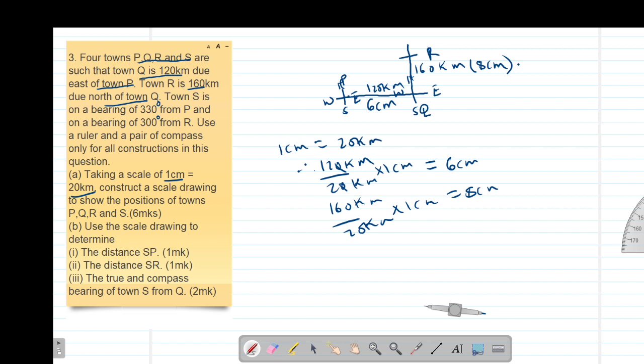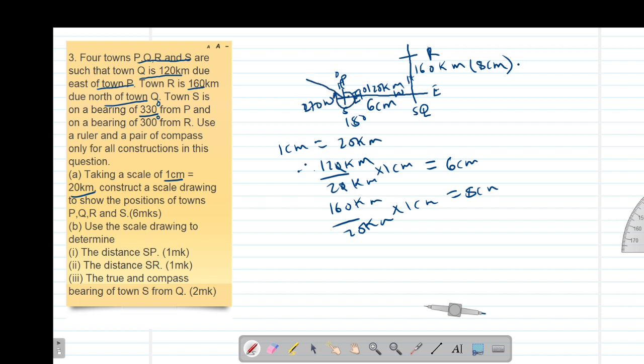Then town S is on a bearing of 330 degrees from the town P. So this is our town P. So 330 degrees. Of course, this is 0. This one is usually 90, 180. Then this is 270 degrees. So 330 degrees, it means this is the angle that they want us to measure.